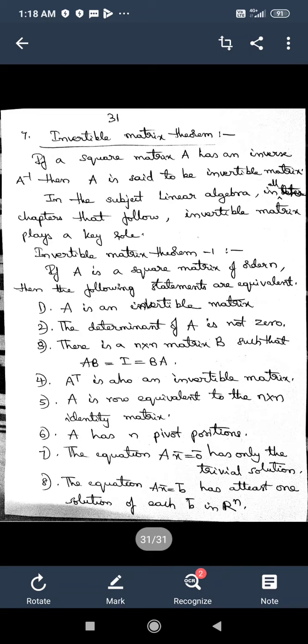If we go on changing b bar, taking it from the n-dimensional space Rn, b bar being a vector in Rn, then we get different solutions for Ax bar equal to b bar. Each time a different solution when we change the values in b bar.